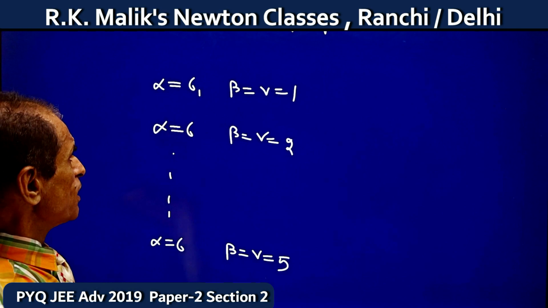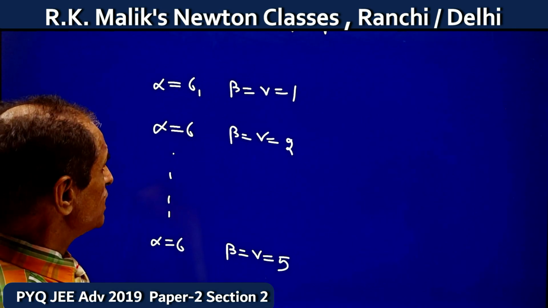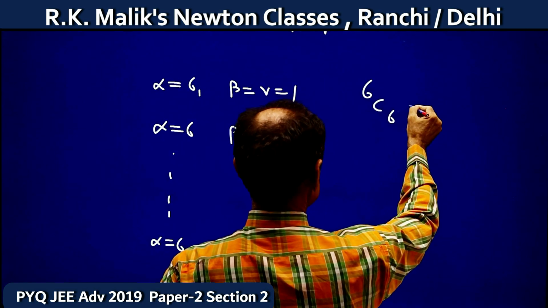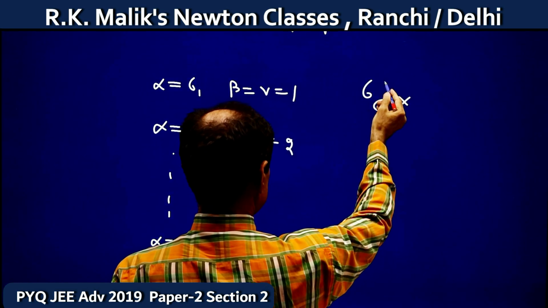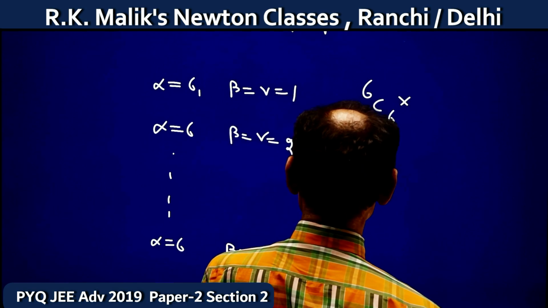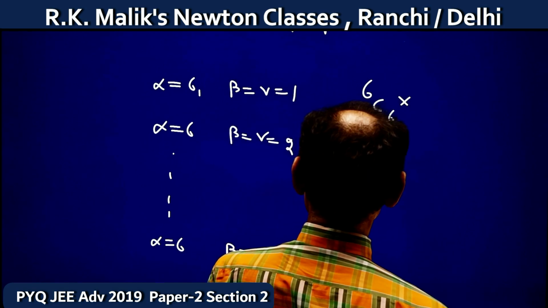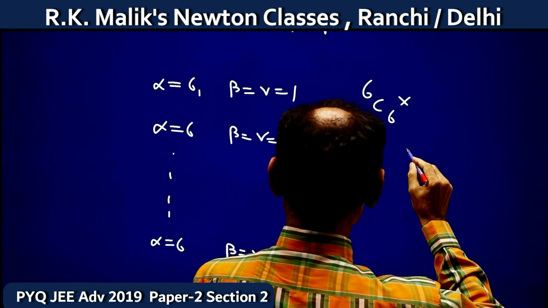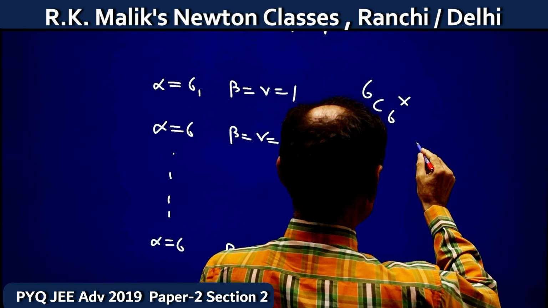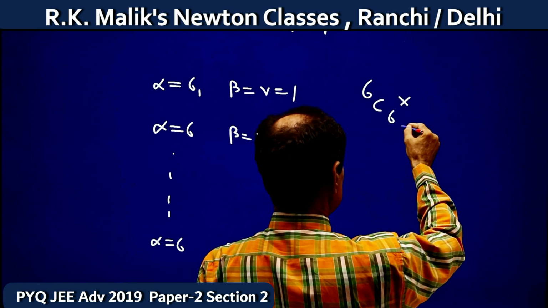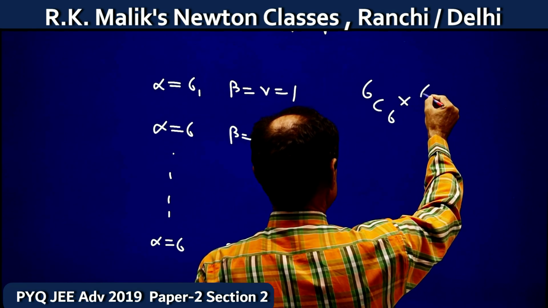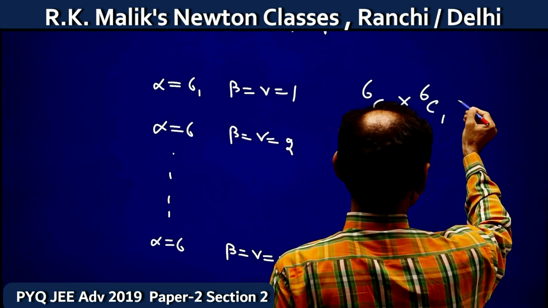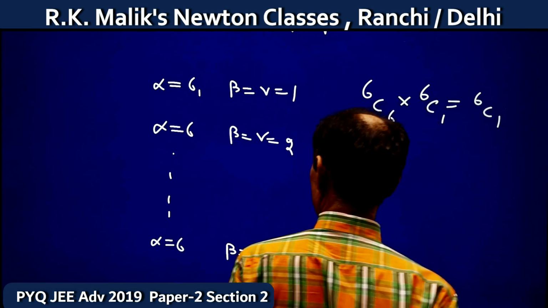For this case, number of ways in which the set A and B can be made is 6C6, because this is the number of ways in which the set A will be made, and because I want B to contain one element that should be common element, that is, that element should come from the set A. Therefore, for making the set B, I can make in 6C1 number of ways, that is 6C1.